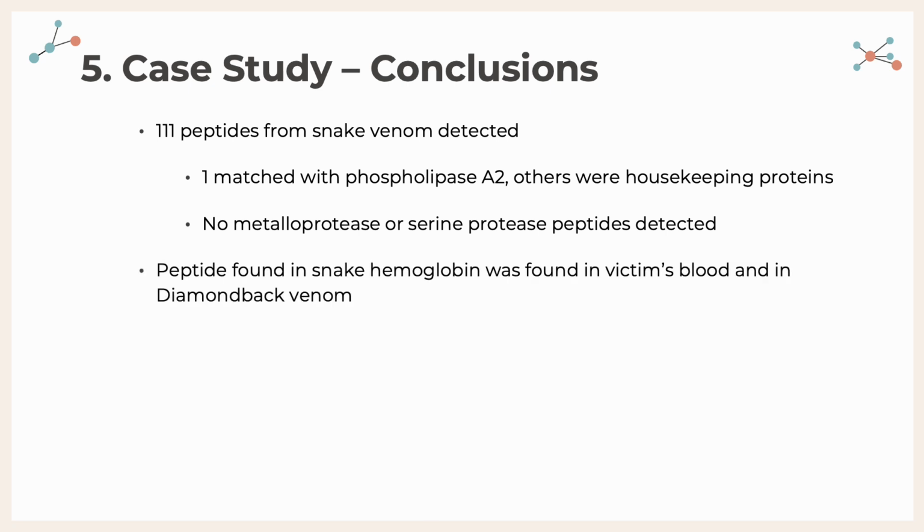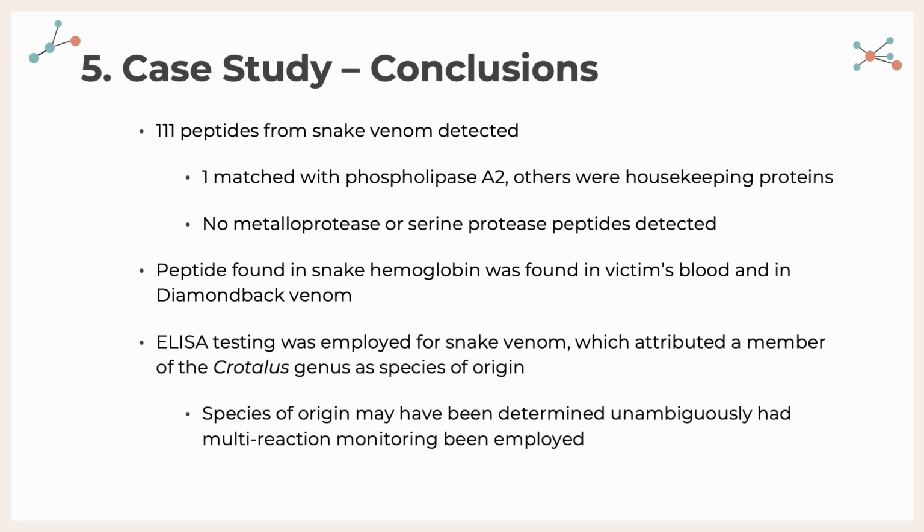The peptide found in snake hemoglobin was also found in the victim's blood and in diamondback venom. And finally, ELISA testing was employed for snake venom, which attributed a member of the Crotalus genus as a species of origin.